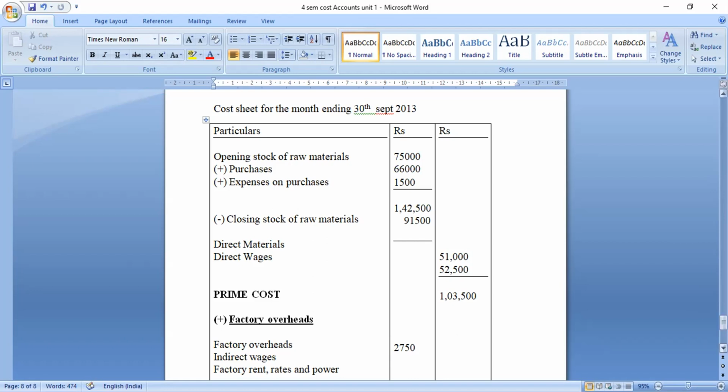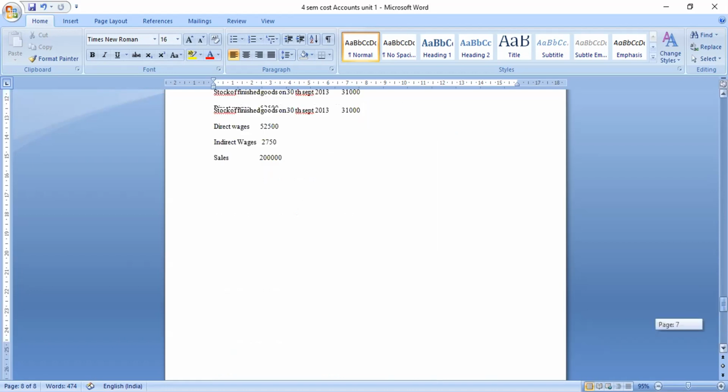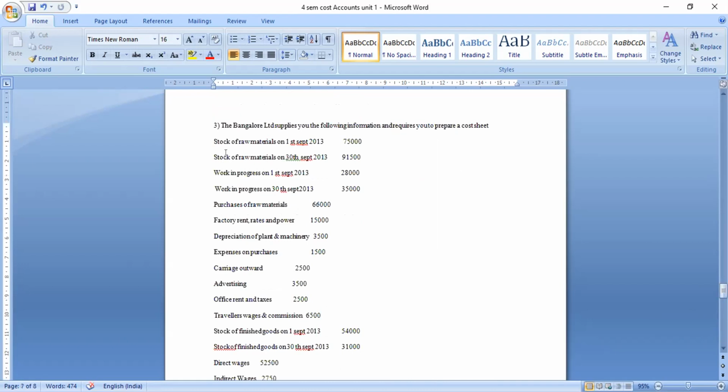Let me go back to the problem. See, opening stock of materials is given directly. Opening stock of raw materials, closing stock of raw materials, and purchases are given. So direct materials are not given, therefore you need to prepare it from the beginning.